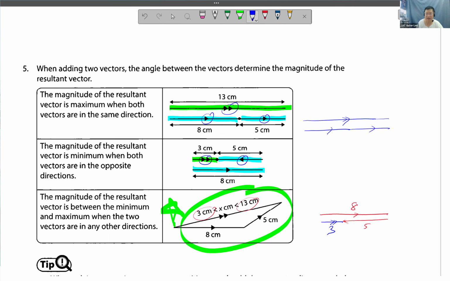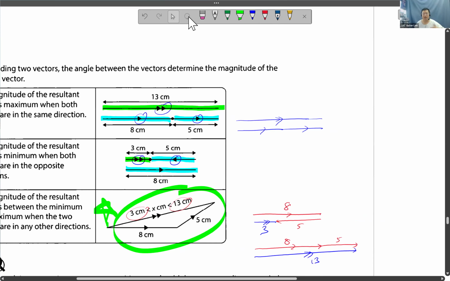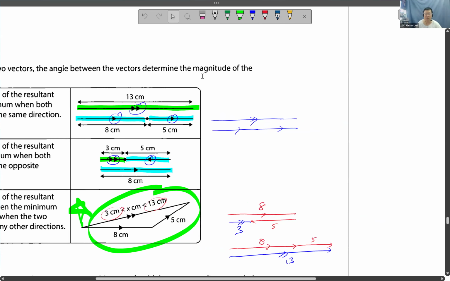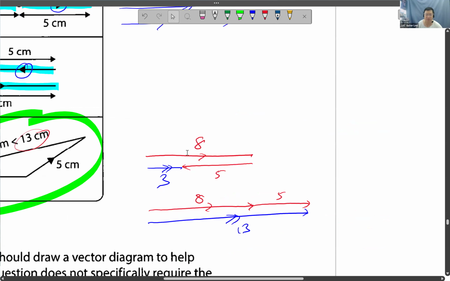On the other hand, if I move by 8 and then I move another 5, my total is actually maximum 13. So when the two vectors are going against each other, they go to the smallest value, which is the difference between them.